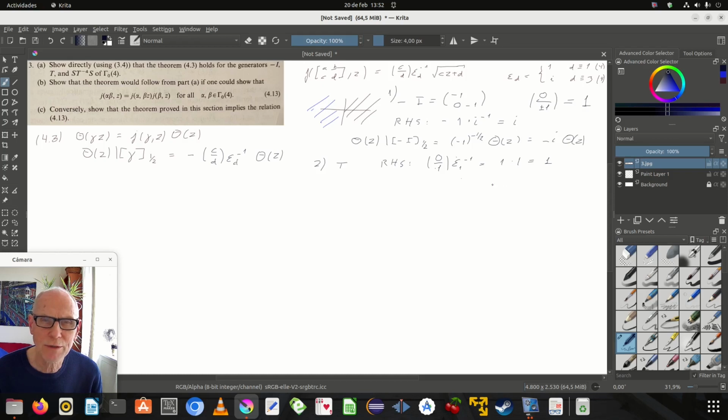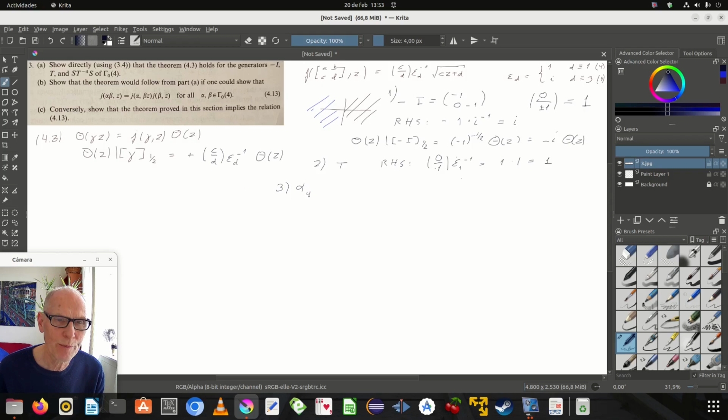So it gives plus 1, and we get minus 1. So it seems it's the wrong sign both times. All right.